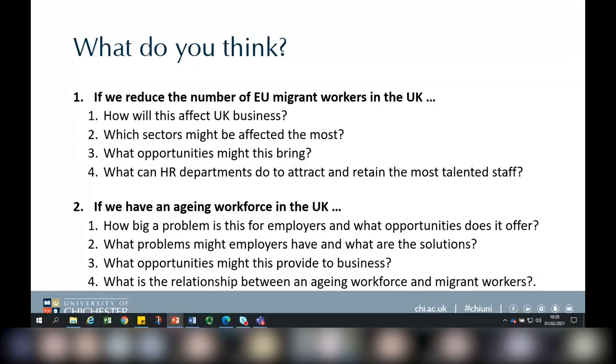Are you finding in your sector that there are a lot of EU migrant workers? Yeah, I would say a very large percentage. I would say probably 70% of our kitchen staff are not UK residents.